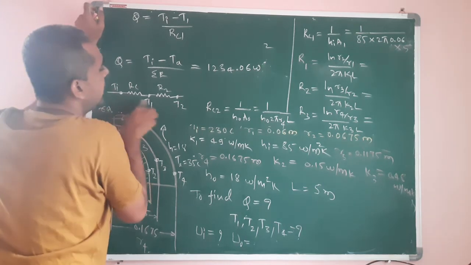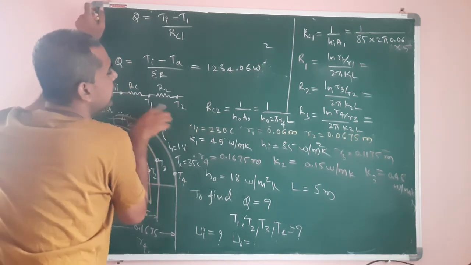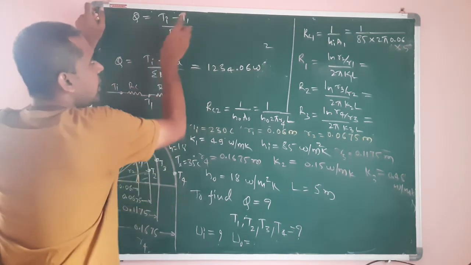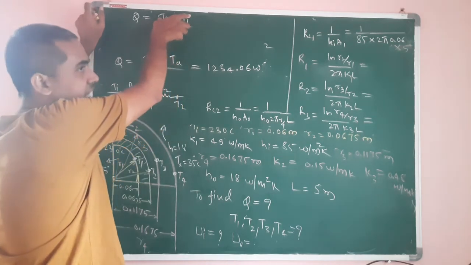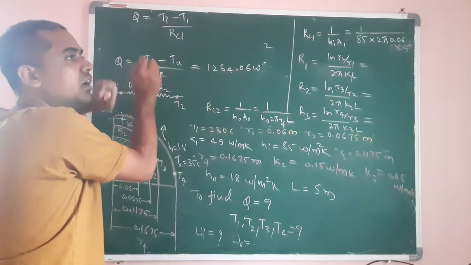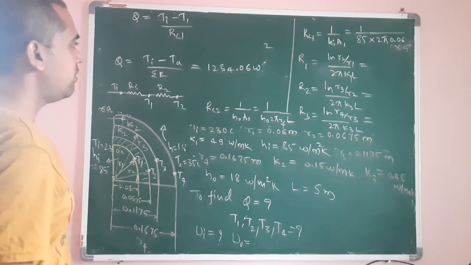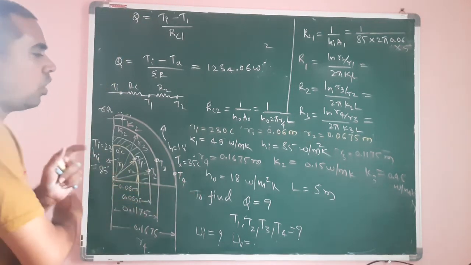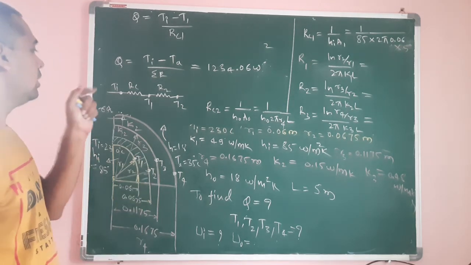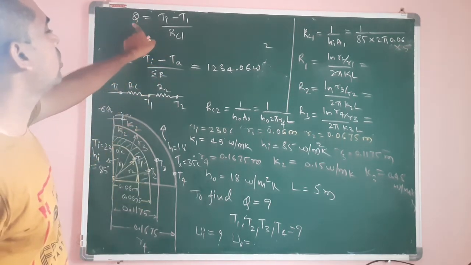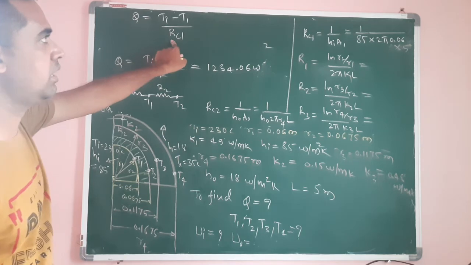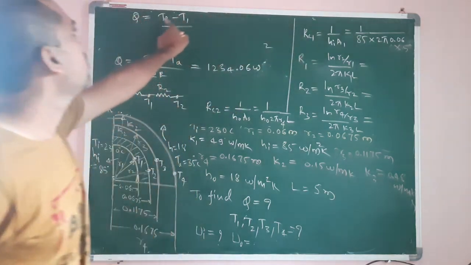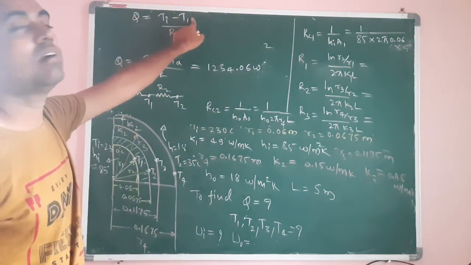If you take Ti and T2, you have to take the thermal resistance in between. Whichever temperature difference you take, you have to take the resistance between them. Previously I took Ti and T-infinity, therefore I took all the thermal resistance. Here you know the Q value, here you know RC1, you have calculated it. Knowing Ti, you can calculate T1.